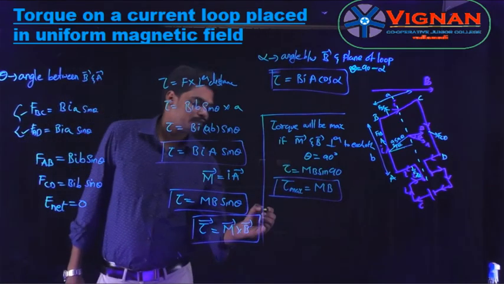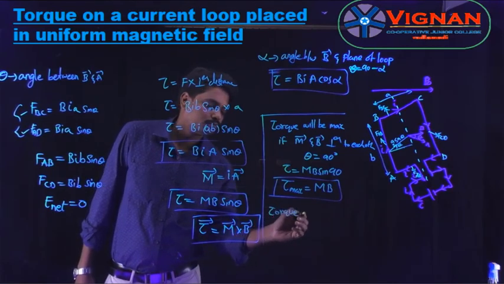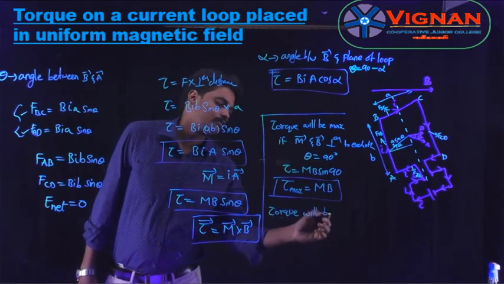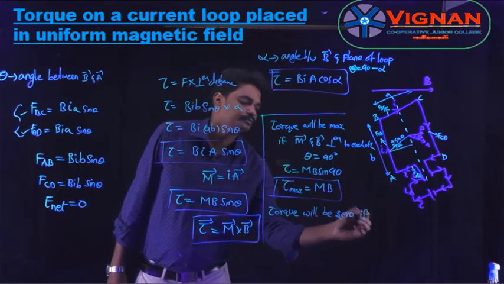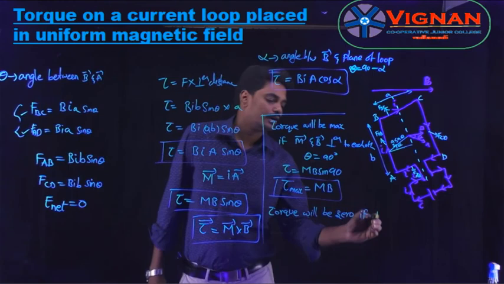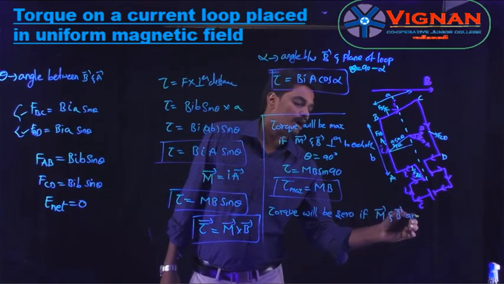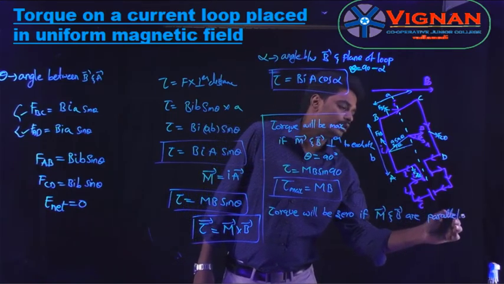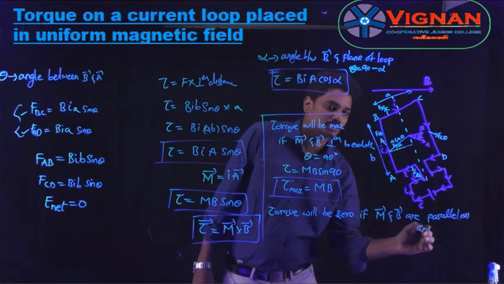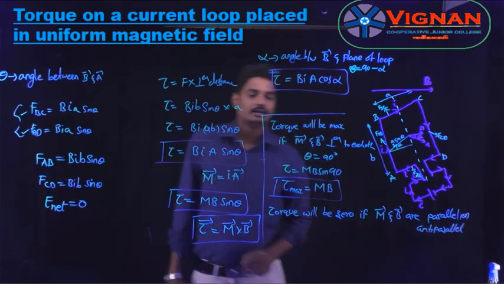Similarly, torque will be 0 or minimum if M bar and B bar, the magnetic moment and the strength of the magnetic field, are parallel or anti-parallel to each other.